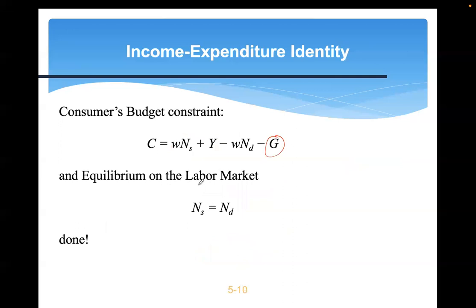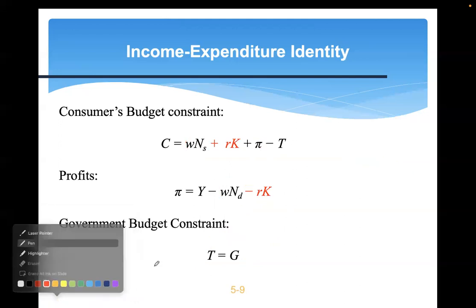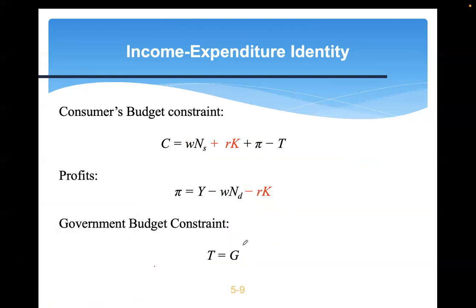Now, in equilibrium, markets clear. That's the definition of equilibrium, so ND equals NS. Let me erase everything. Basically, this goes to here, and this goes to here.